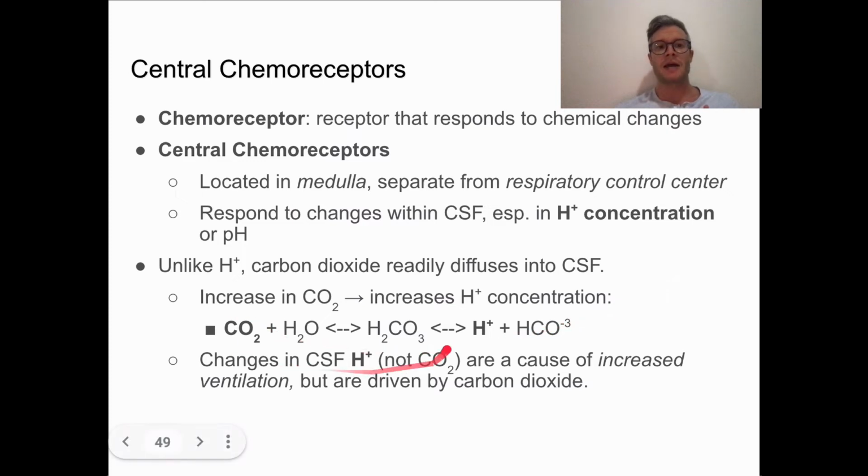So what ends up happening is we get this buffer system that occurs where an increase in carbon dioxide pushes this buffer equation, I'll explain a little bit more what that is, into having a greater concentration of hydrogen protons.